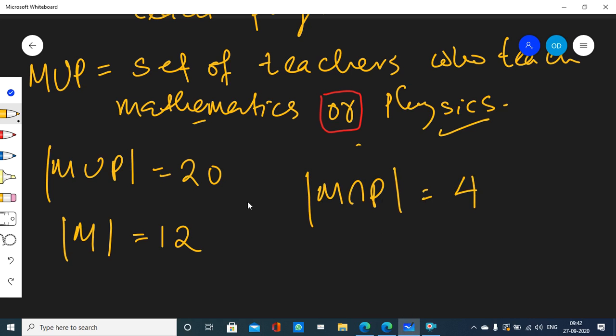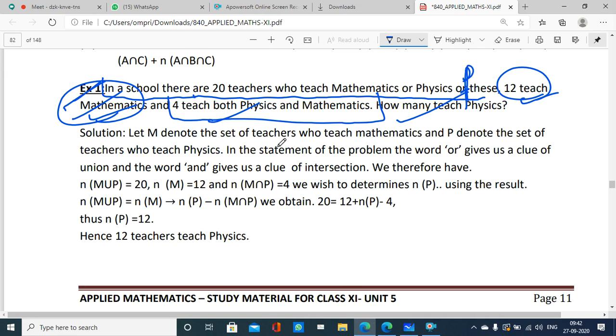Those 4 teachers stay in the common region, since they teach both mathematics and physics. That is why the cardinality of M intersection P is equal to 4. Now the question is, how many teach physics?